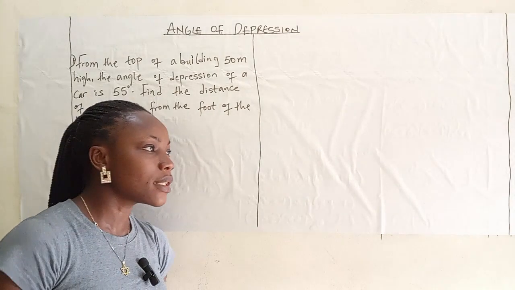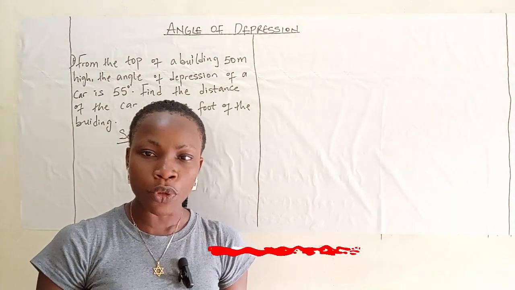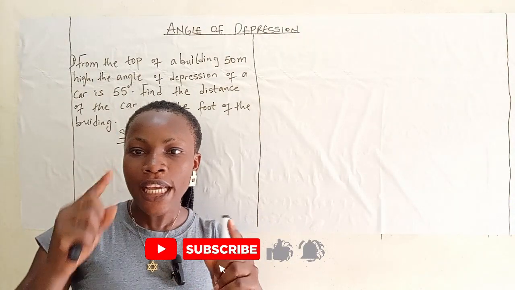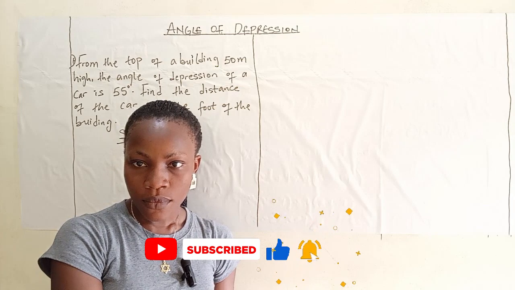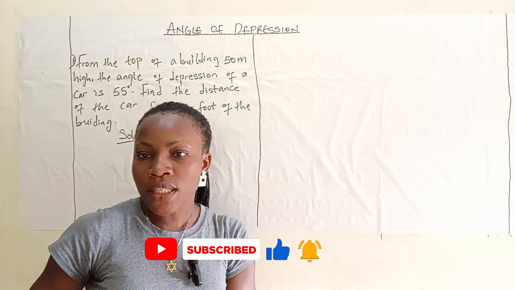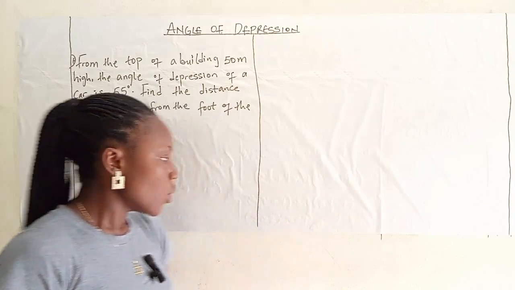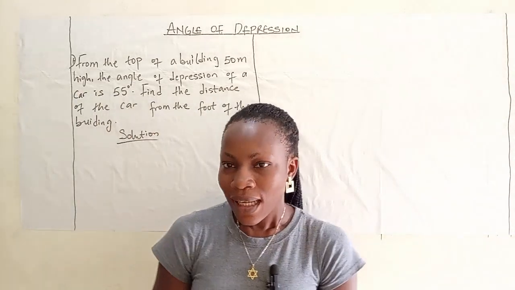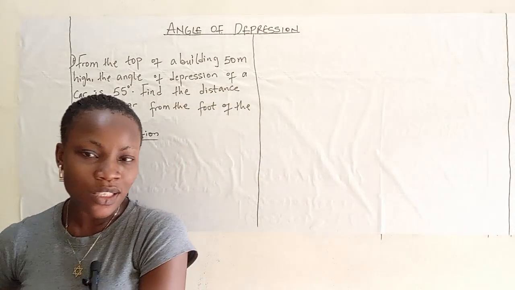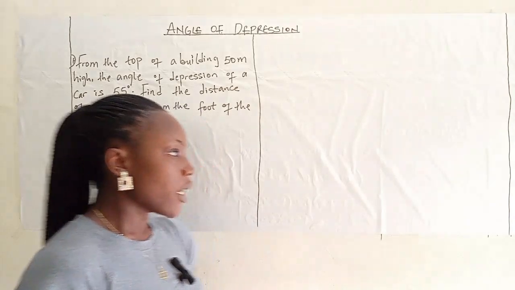We are asked to find the distance of the car from the foot of the building. Now, take your friend as the car, and take yourself on top of the building. The distance between that building and where the car is, that's where your friend is, is what we are asked to find. Now, let's draw it.